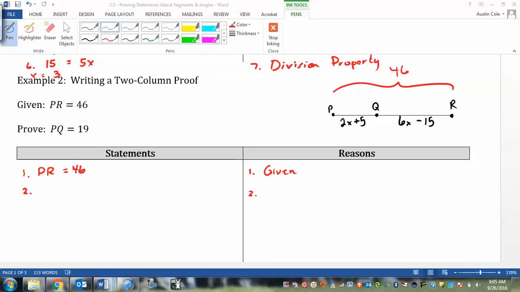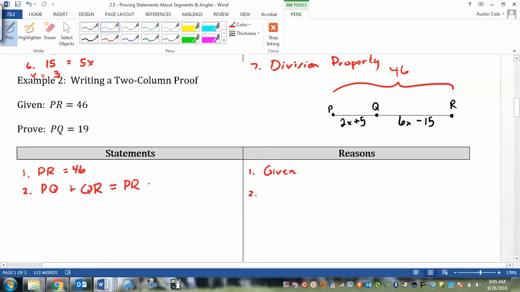The segment addition postulate. The segment addition postulate says this part of the segment plus that part of the segment equals the whole entire segment. Okay? So we're going to say that PQ, that part of the line, plus QR, that part of the line, equals PR, the whole entire thing.